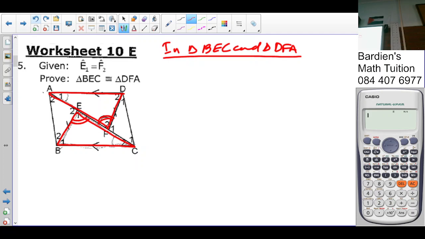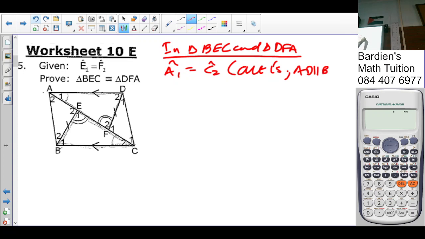Yes? EB is equal to DF. Why? Given. You've got two angles and the side. Let's go. We're going to say that A1 is equal to C2. Why? Alternate angles with AD being parallel to BC. Then we say that E1 is equal to F2. Why?